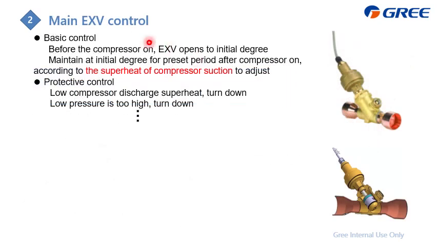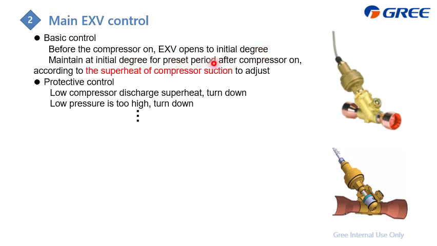Next, we will go to the main EXV control. We divide it into basic and protective control. For the basic control, before the compressor turns on, the EXV will open to the initial degree and maintain it for the initial time.